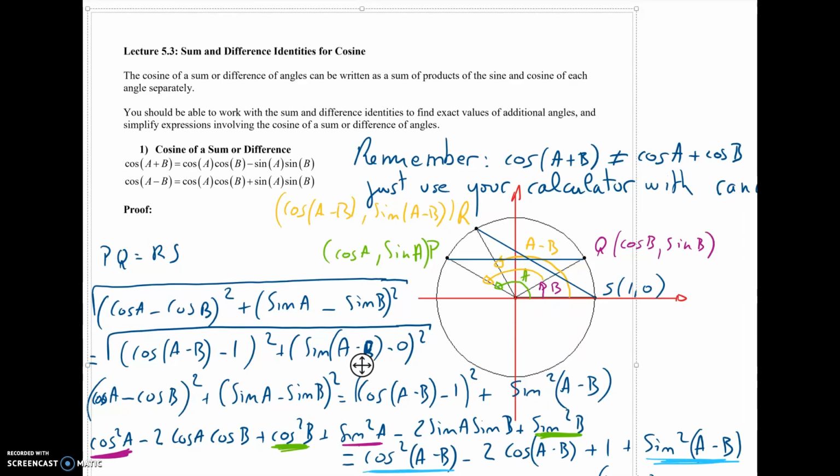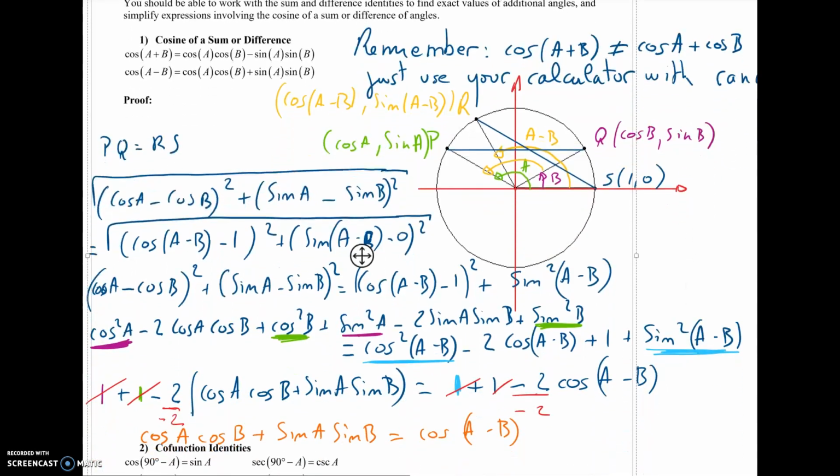Try not to copy just for the sake of copying, but try to understand what happens when I prove that cosine of A minus B equals cosine A cosine B plus sine A sine B. That will help you to manipulate the cosine and sine of sums or differences in this section 5.3 or 5.4. Ultimately, it's a good exercise.